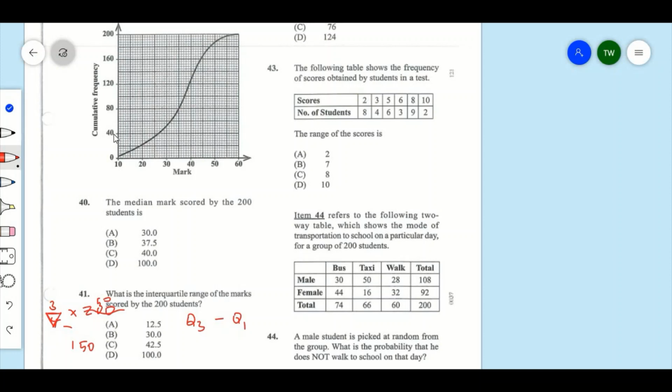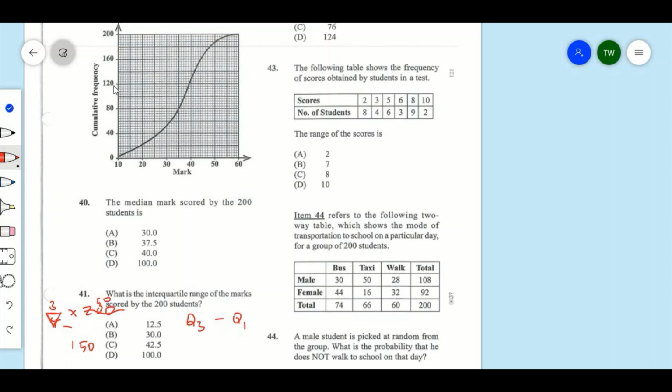Here is 40, and between 0 and 40 we have 10 of these small boxes. So if we want to know how much one of the small boxes is, we divide 40 by 10, and that gives us 4. So one small box represents 4, and we need to locate 150.